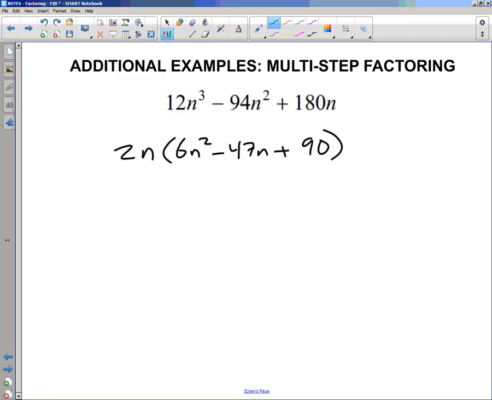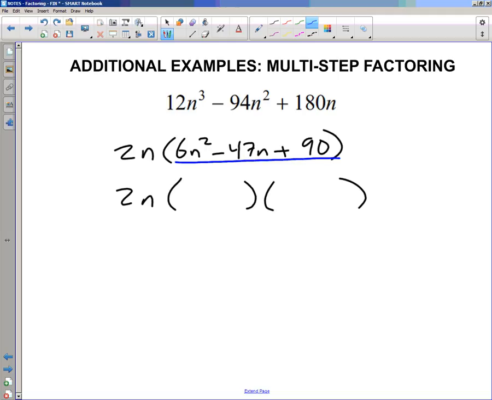Looking in there to see if there's anything else we can pull out, and it looks like there's not. So we've got that 2n that's going to stay. Trinomial left-hand side, we're going to try and factor that trinomial into a binomial. So I'm going to be working on the 6n squared minus 47n plus 90.